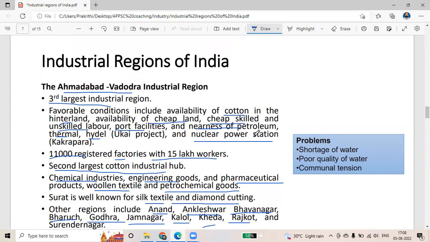So, इसमें भी there are some problems. One is shortage of water and poor quality of water, यहाँ ज़्यादा है. Then communal tension that we know. गुजरात region में पहले से बहुत कुछ communal riots हुआ था. So that is also affecting the growth of the industrial region at that place.